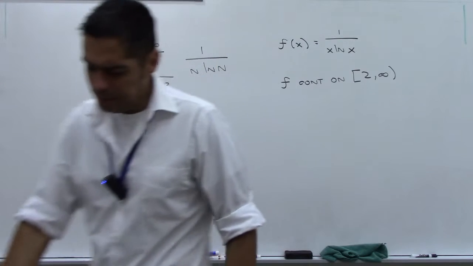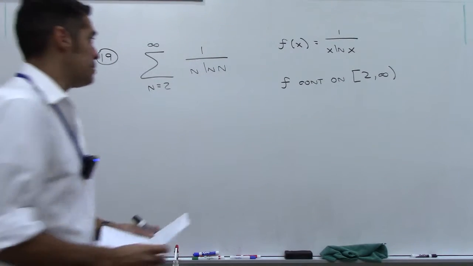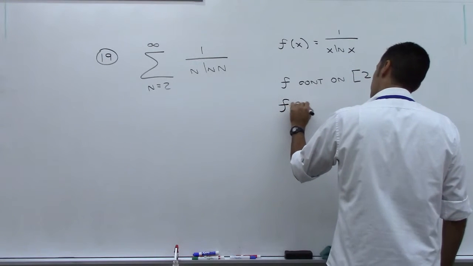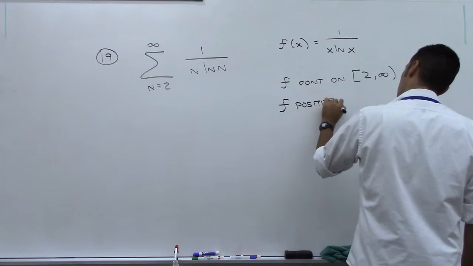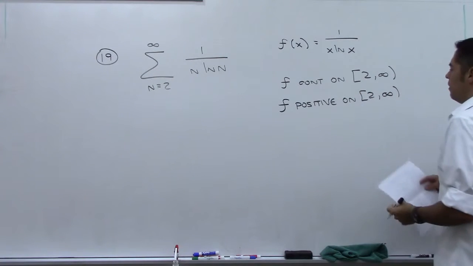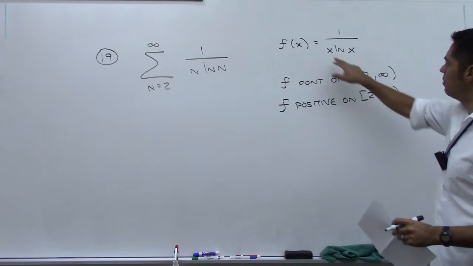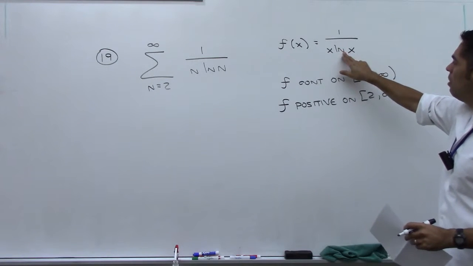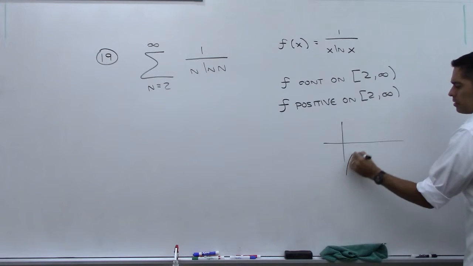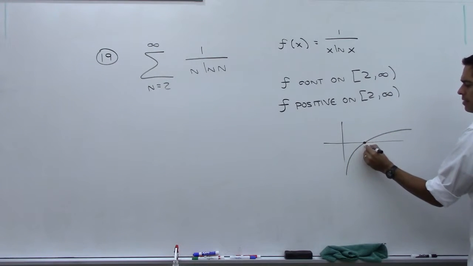The next thing I need is to make sure that f is positive. So is f positive on 2 to infinity? Well, if I'm plugging in positive numbers, that's going to be positive. Natural log, well, we do get negatives with natural log. Remember, the natural log function looks like this. But this is at 1.